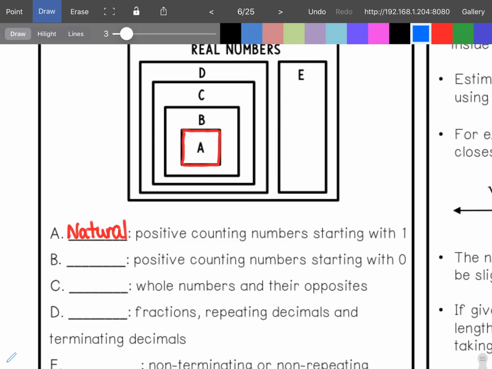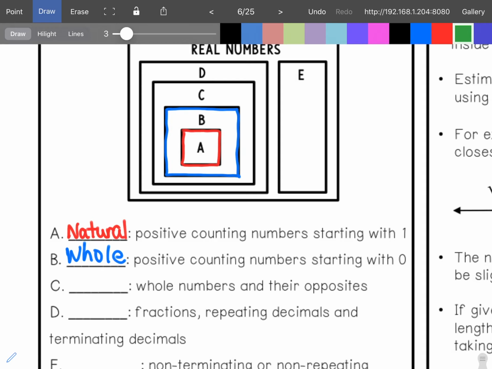And so that means the most limited or smaller group of numbers are the natural numbers, and then we have our whole numbers we just said, and that would be this box right here. These are our whole numbers. Our whole numbers also include the natural numbers, because if we start with 0 and then go 1, 2, 3, 4, and so forth, we're also including the natural numbers when we say those.